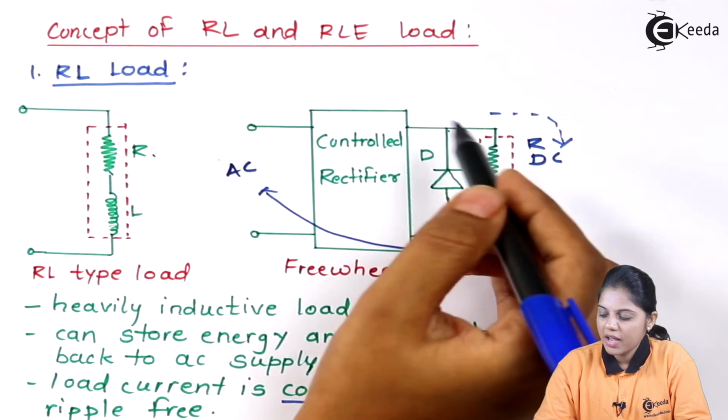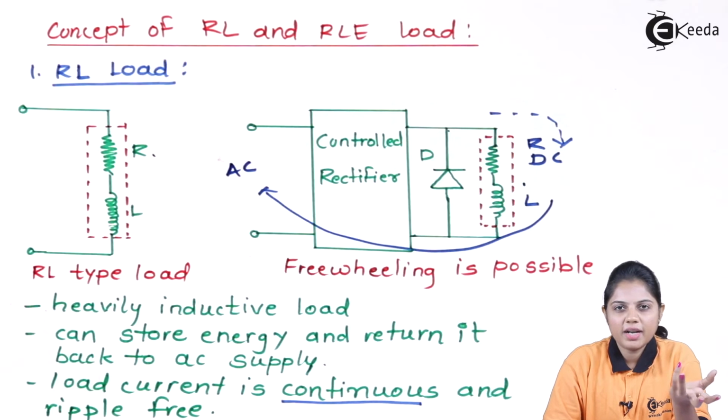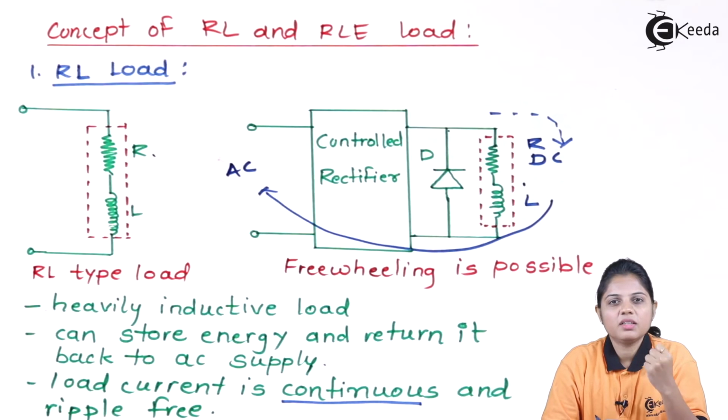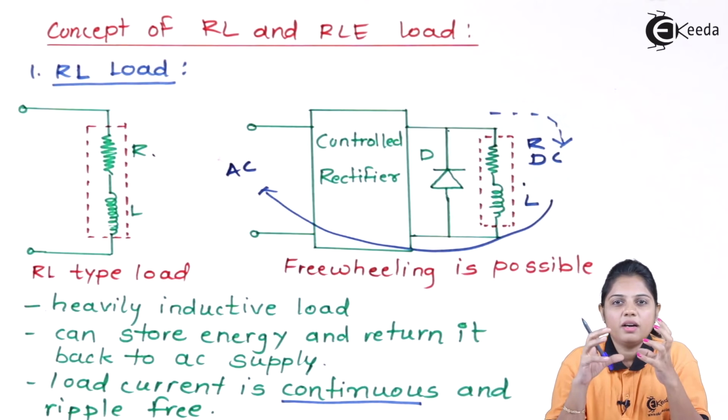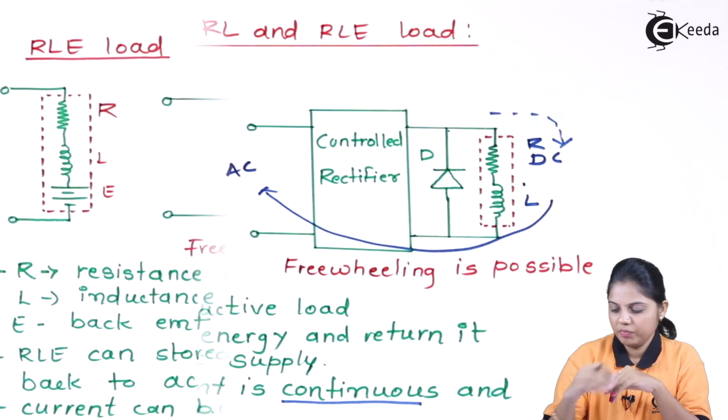But if you go for a RL type load, your load current is a continuous and it is a ripple free. So if you go for a RL type load, you get two advantages. One is that you can use it for a freewheeling, your energy can be fed back, energy can be stored, and the third advantage is that here your output current will be continuous as well as ripple free.